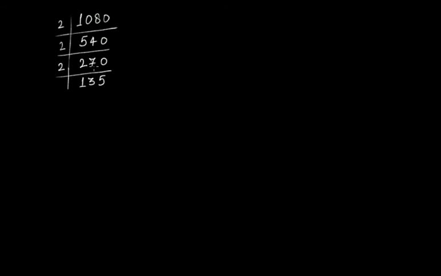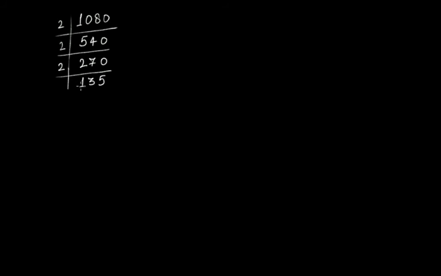If you want to go with the traditional method of dividing and finding the next result, you can do it. I'm just trying to show you how you have to calculate it. Now what about 135? No, this cannot be divisible by 2 because it has 5 at its units place.